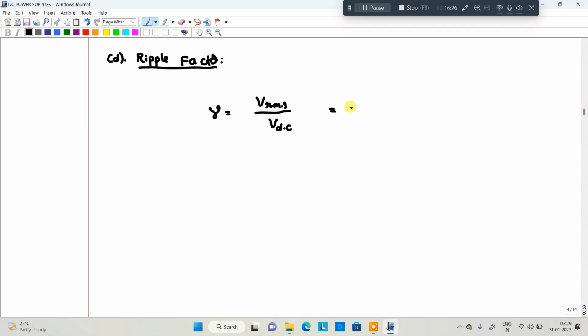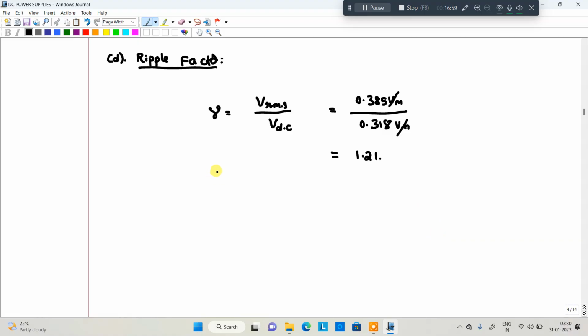What is the RMS value of voltage? You got 0.385 Vm for the half-wave rectifier, and VDC is 0.318 Vm. So this is the RMS value, and this is the average value you got. From that, both get cancelled, and you will get 1.21. So everyone remember that the ripple factor for a half-wave rectifier is 1.21. Okay, the relation between Vm and VDC is also given.